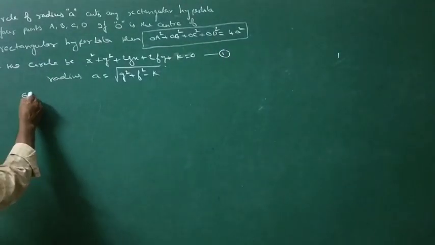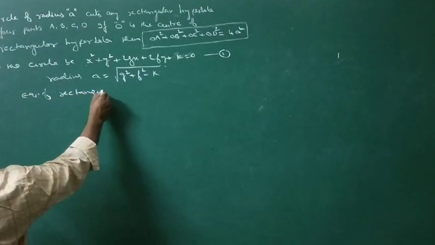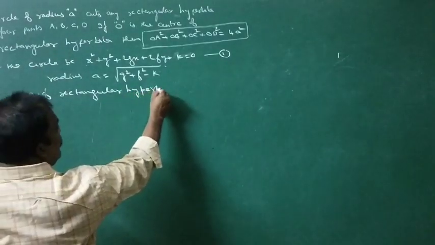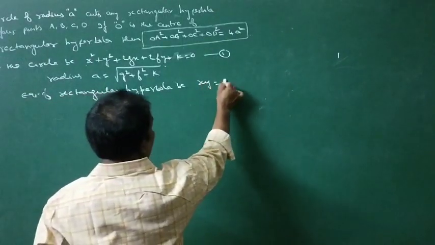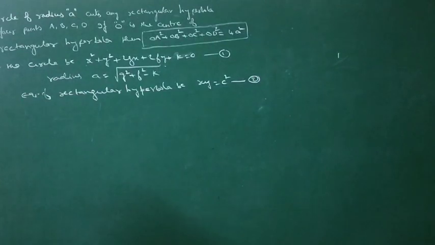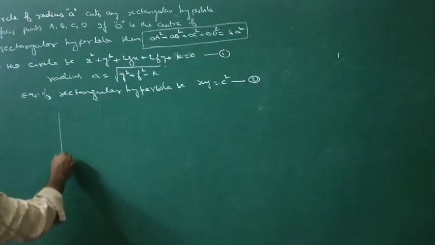Now, equation of a rectangular hyperbola xy equal to c square. This is 2. Here, first of all, observe the diagram.